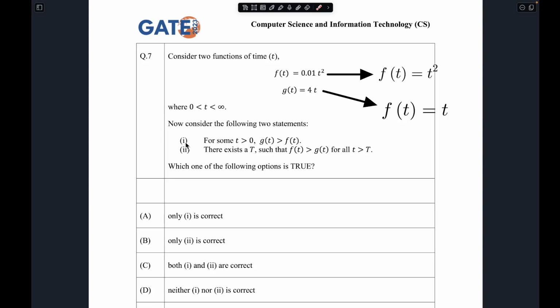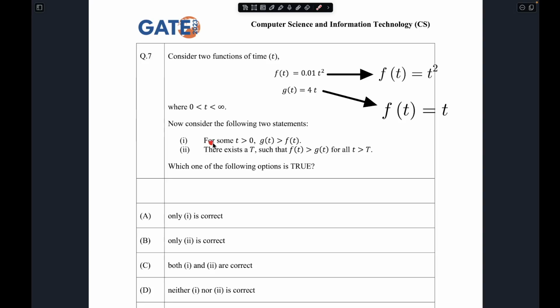See, in the first one, they are giving us that for some t. Most people will not read this part, for some, and they're directly going to look at this expression and say that for t greater than 0, g of t must be greater than f of t. If they do it like that, then it is going to cause problems. It is always said that the devil lies in the details.